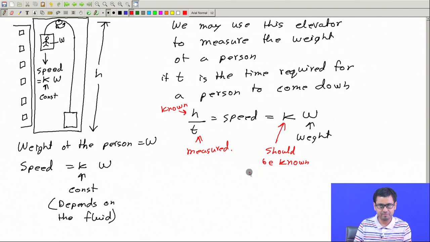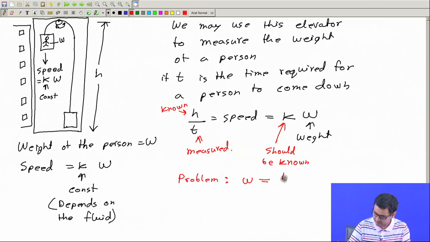Now, there is a problem. The problem is the weight which we measure is this factor h by t by k.